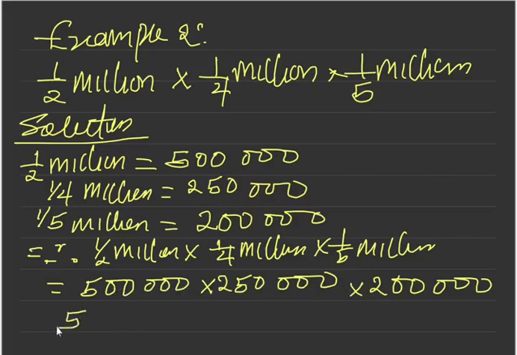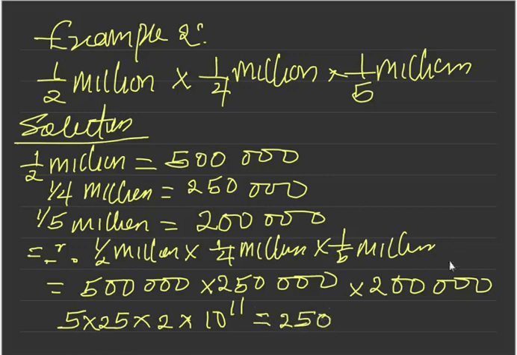So that means we have 5 times 25 times 2 times 10 raised to the power 11. Now 5 times 25 is 125... so 50.